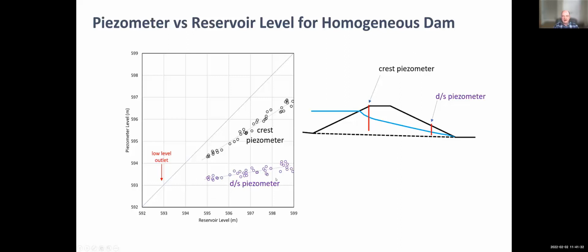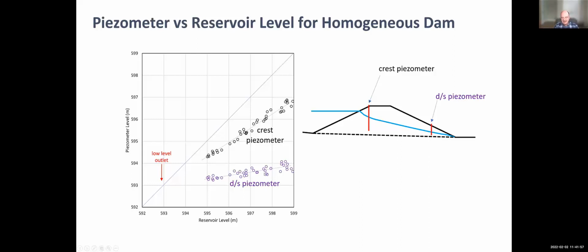So we've got about a 4 meter variation in the reservoir elevation. And then we can see how the piezometer also varies in response. And we can see for the downstream piezometer, we get a trend line established. There's always a little bit of noise to be expected. And then for the crest piezometer, we also get a trend line established for this kind of homogeneous dam.